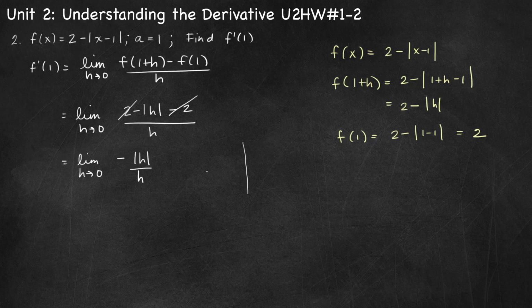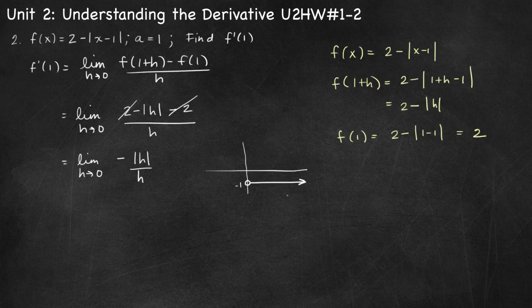If we think about this graphically, if h is positive, then this is just going to equal negative 1. Because if h is positive, we can drop the absolute value, and we have negative h over h, which is just negative 1.